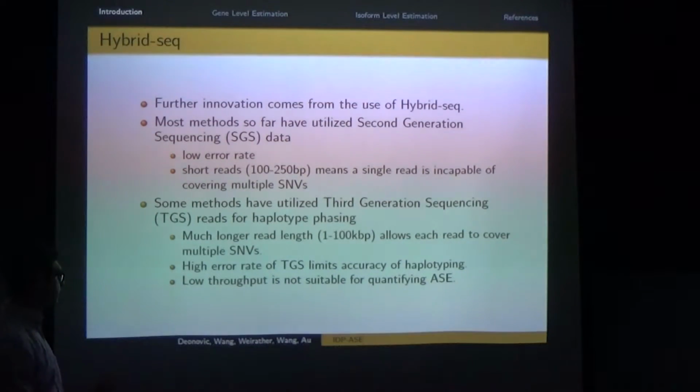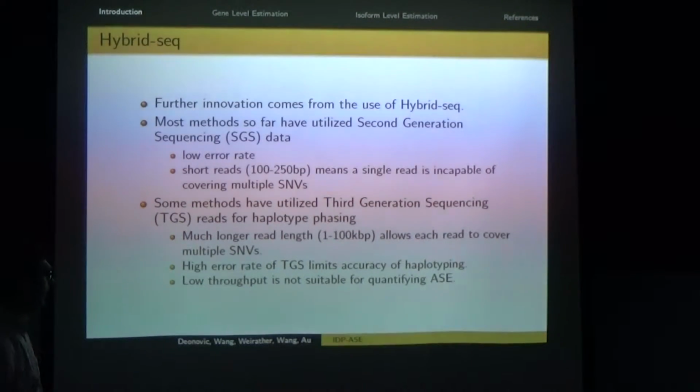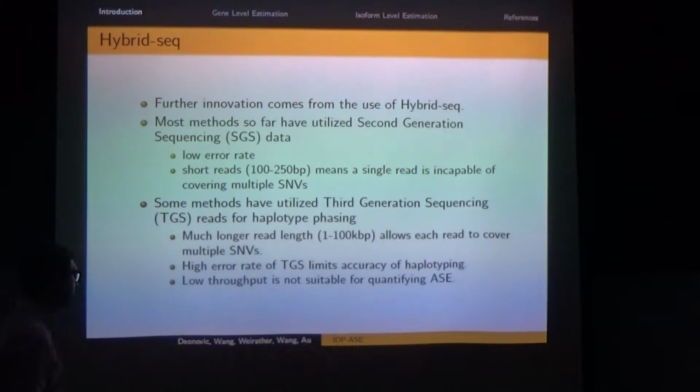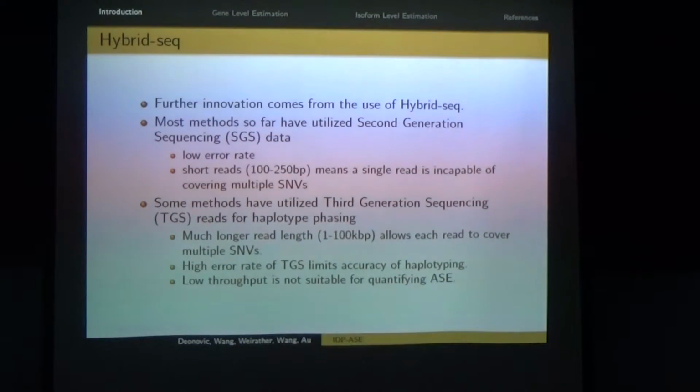However, TGS data has much higher error rate than short read sequencing data, which can limit the accuracy of haplotyping, and also has much lower throughput, and as it turns out, is not suitable for quantifying ASE, as we'll see in a few later slides. Now, one of the innovations of IDP-ASE, other than the model that we use, is utilizing hybrid sequencing data. That is, combining short read sequencing data and long read sequencing data to obtain the best of both worlds.